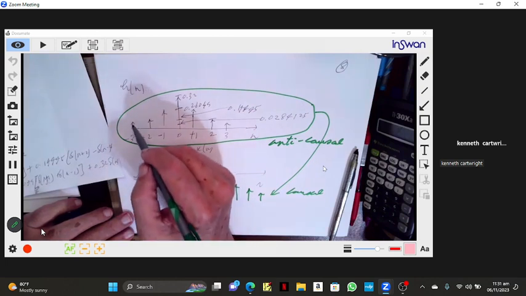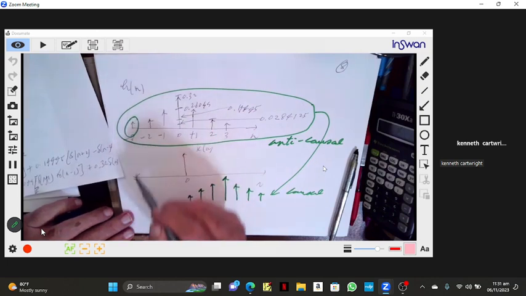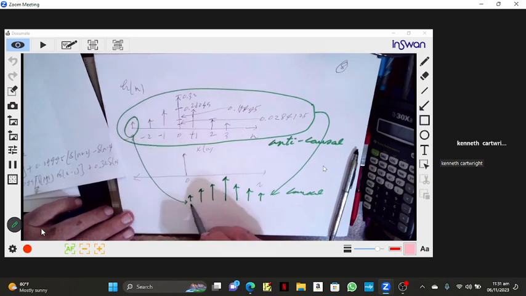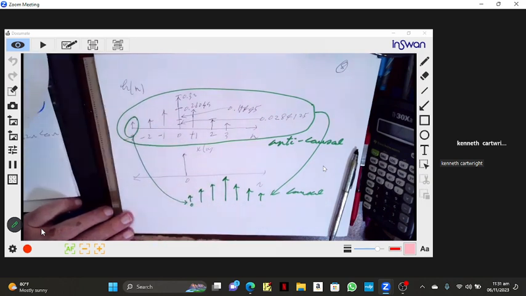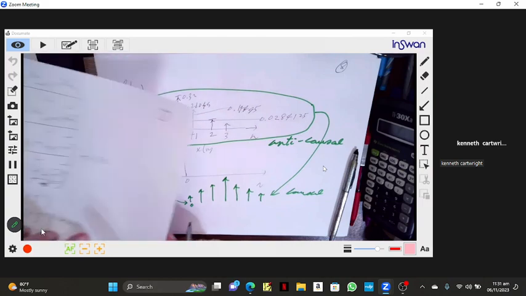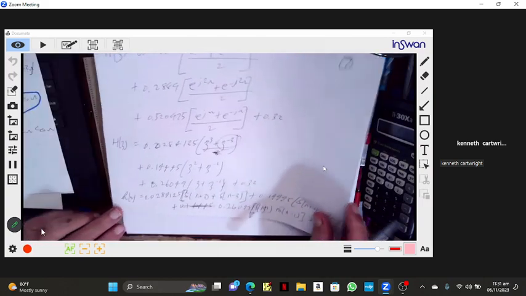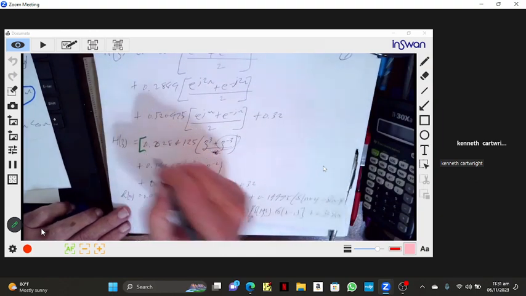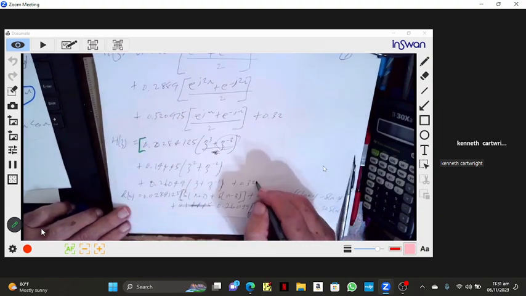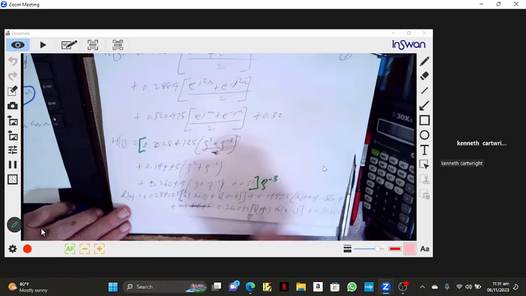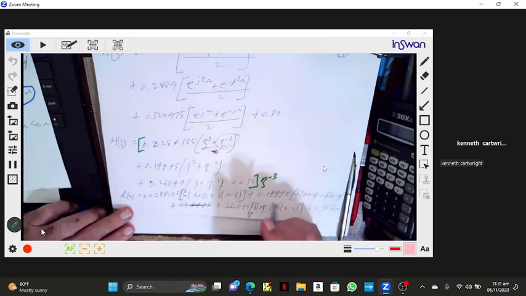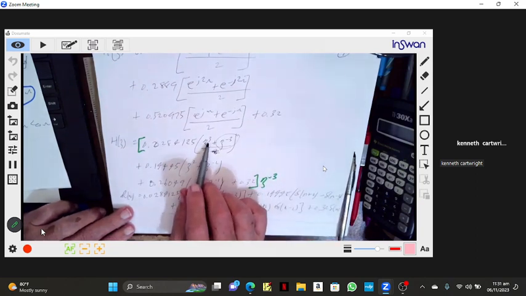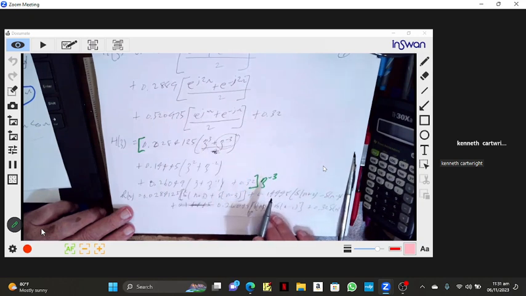We delay it by 3. -3 becomes 0. So we have to multiply h of z by z to the -3, because you see we want to make z cubed, we want to make that z to the power of 0.